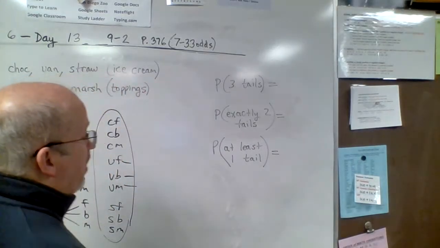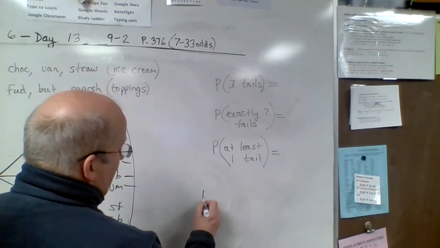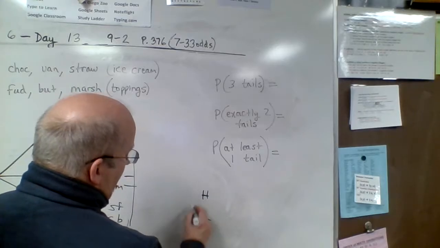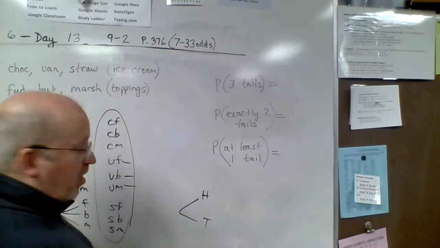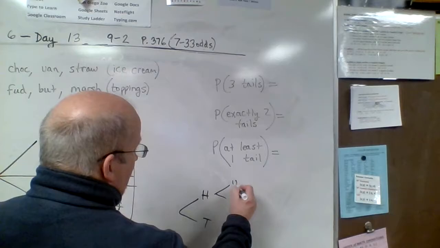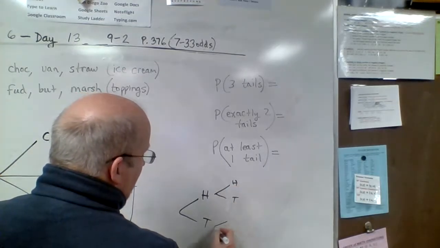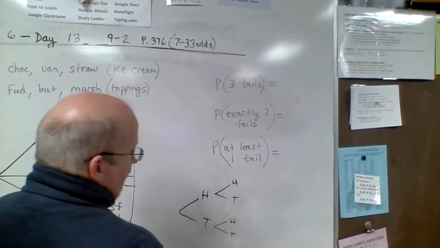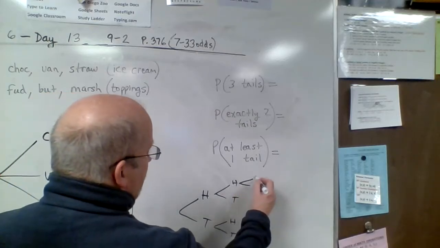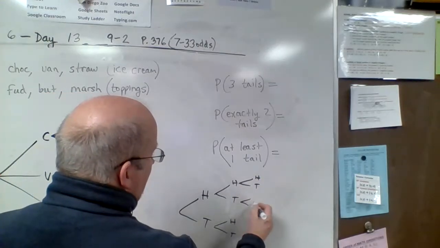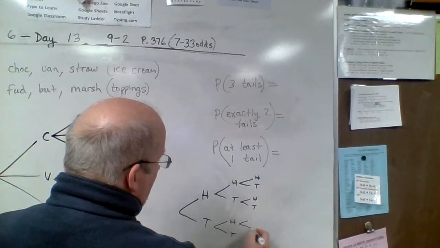Let's create a tree diagram for this. On that first coin, they've got the probability of heads and tails. On the second coin, they've also got heads and tails. And on the third coin, they've also got heads and tails.